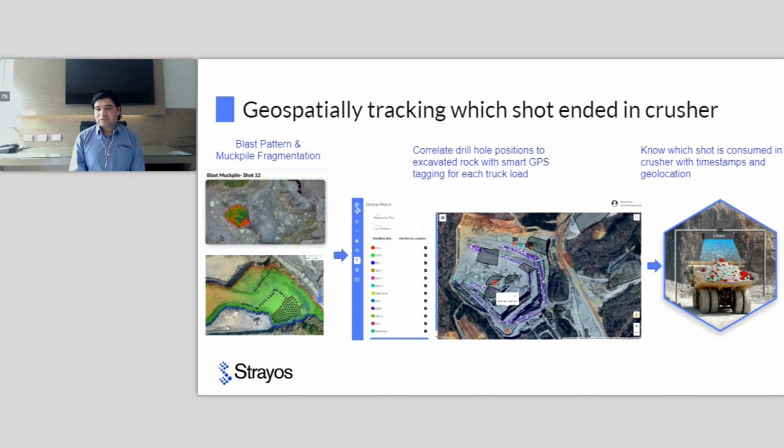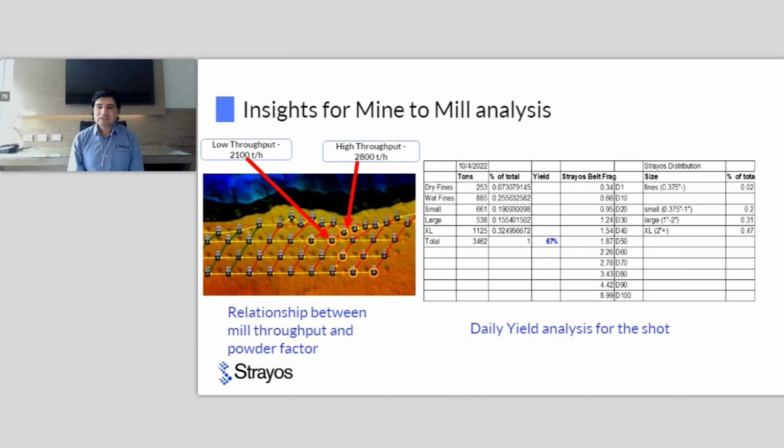And you can specify the blast zones with the blast ID and see what the activity was when the material was loaded and at what timestamp it was brought in. All those data can be correlated to that specific load, blast ID, and the specific throughput of the plant as well.